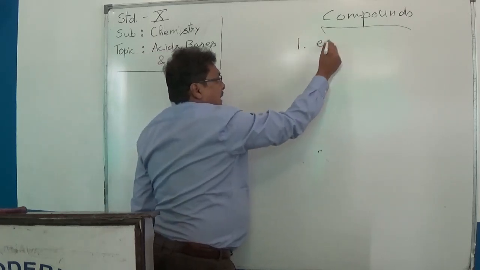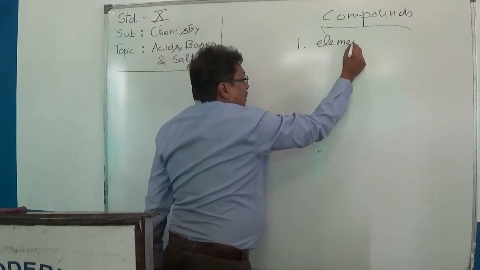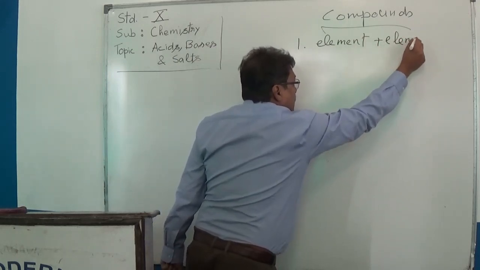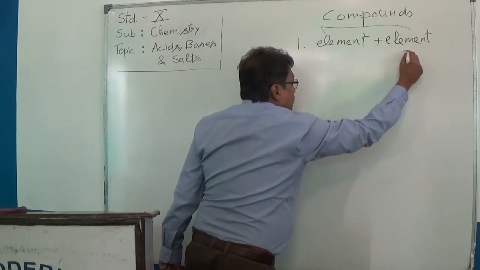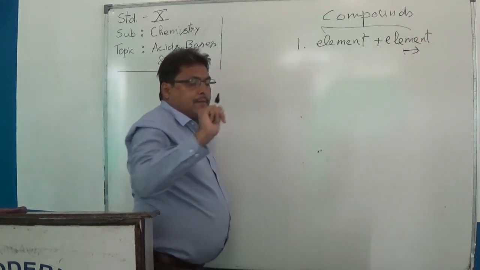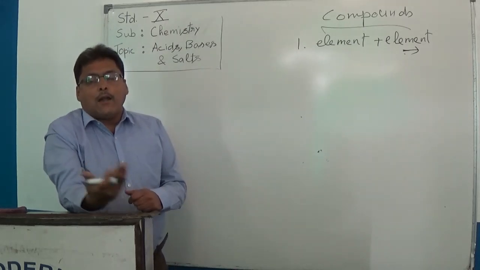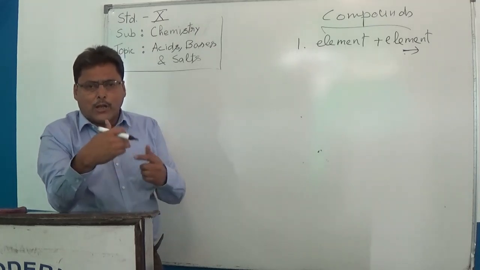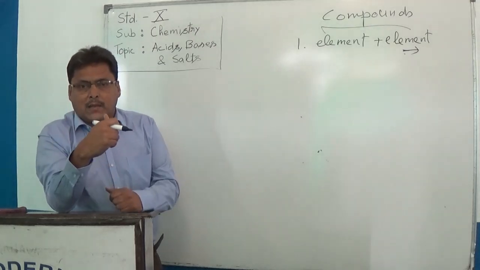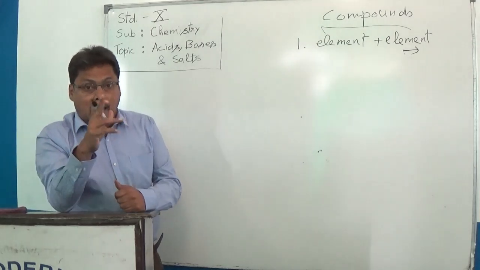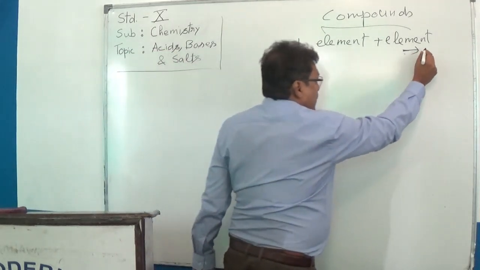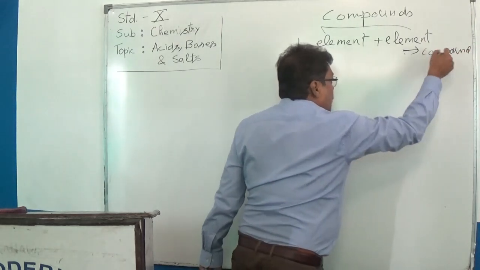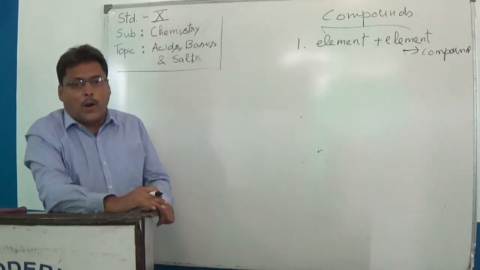First one, we take one element and we combine it with another in a certain ratio, certain proportion. You have studied about the law of proportion that you studied in class 9. And we produce a compound. That is one way of producing a compound.